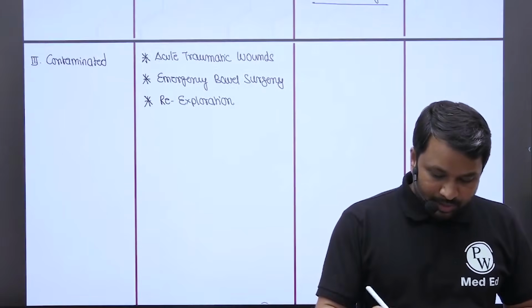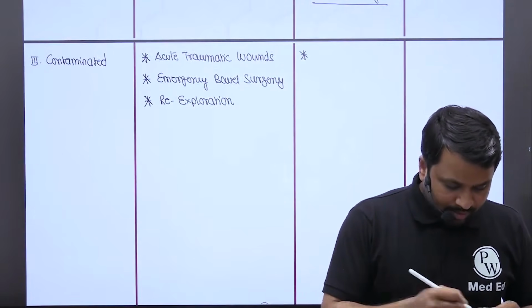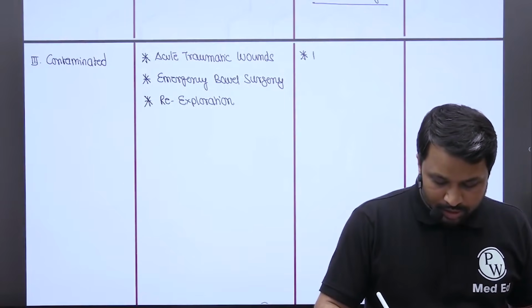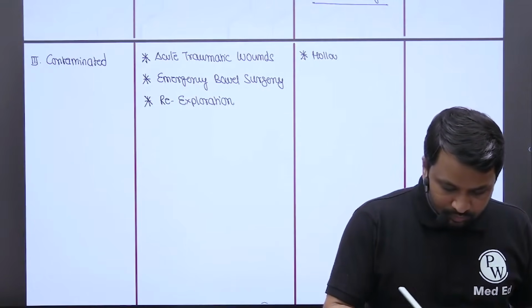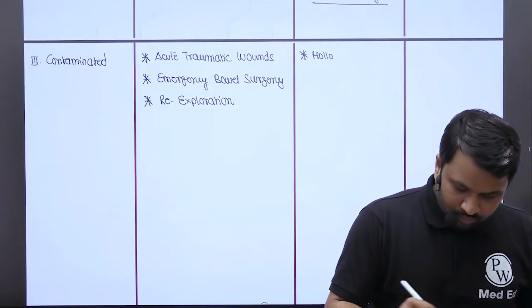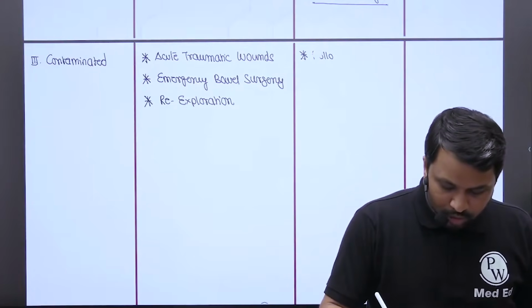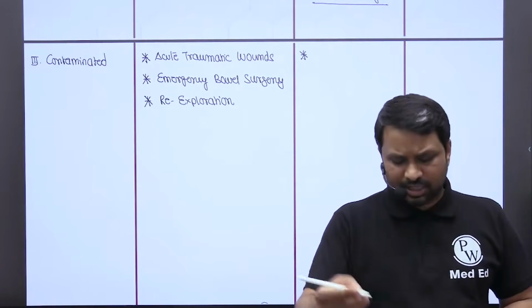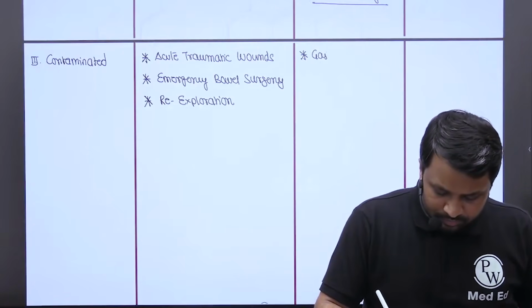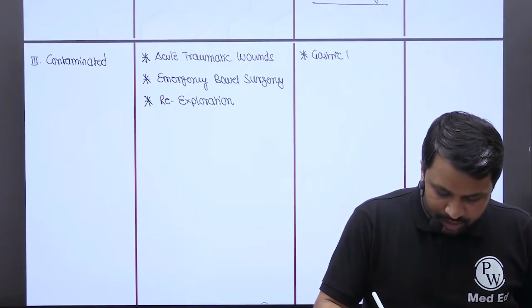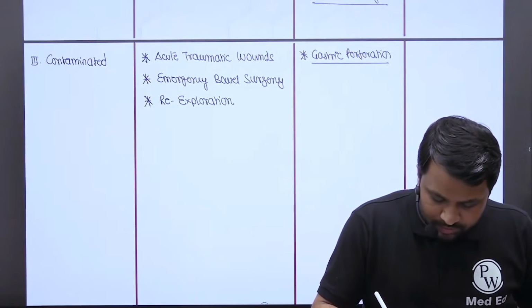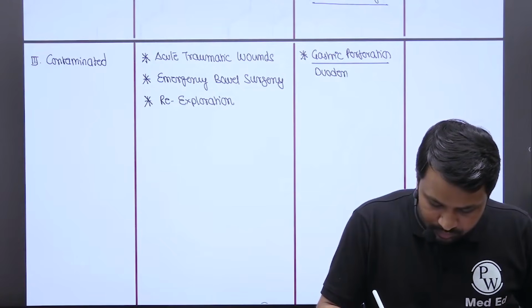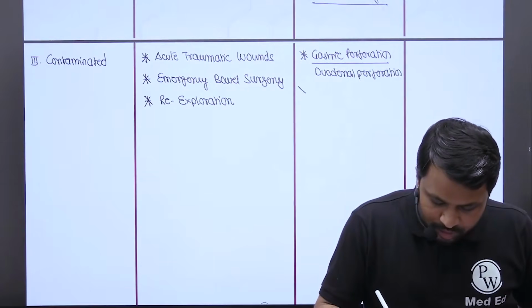Now, what are the examples which will classify as a contaminated wound? Remember your hollow viscus perforations, that is gastric perforation and duodenal perforation repair.